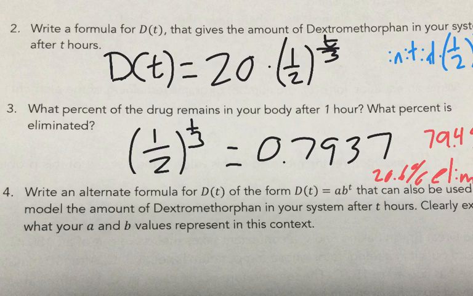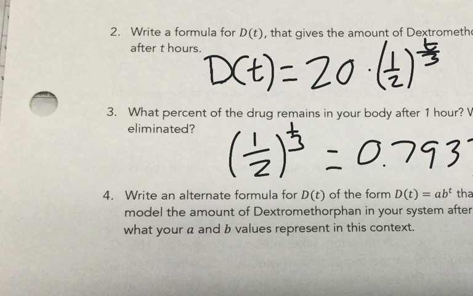So if we think back to our power to a power rules, this might be a little bit of a review or maybe something kind of a new idea to you.